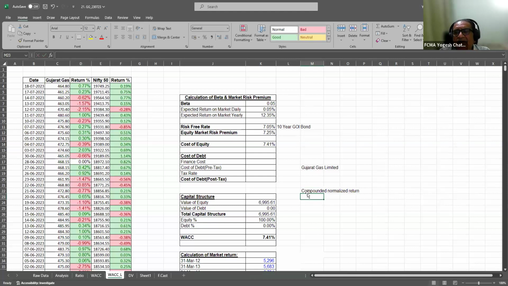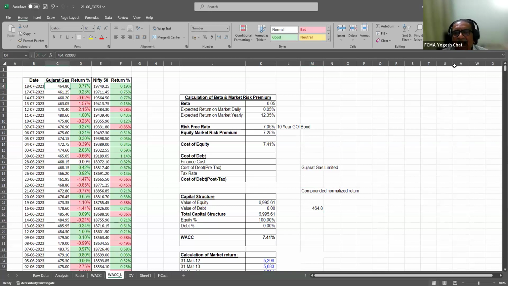A question will come, why do we need the normalized compounded return? So you will appreciate that here the closing price is 464.80. That is on 18th of June 2023.